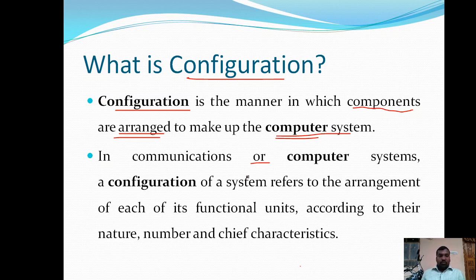Okay. So in communications or computer systems, a configuration of a system refers to the arrangement of each of its functional units: input unit, output unit, control unit, arithmetic and logical unit, etc. So we are going to arrange all the logical functional units that are needed to make the system function.